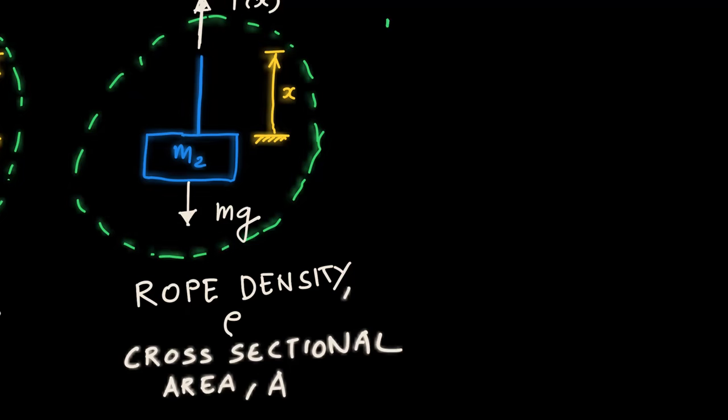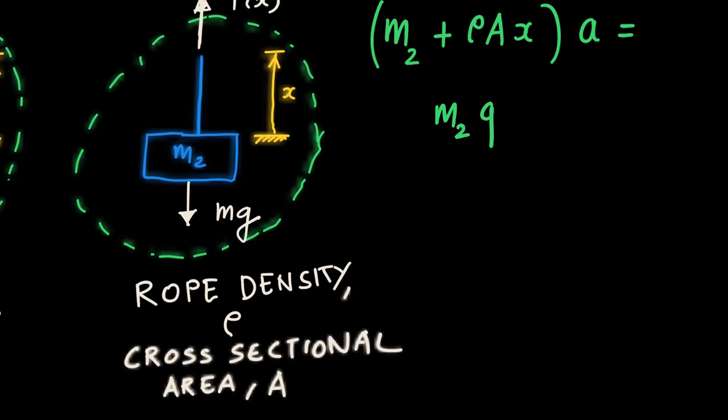Invoking Newton's second law, here (M2 plus the mass of the rope) times the acceleration is equal to M2g, which is acting downwards, minus T of x, and then again the weight of the rope, which will be, sorry, I made a mistake there, rho times x times A times g.